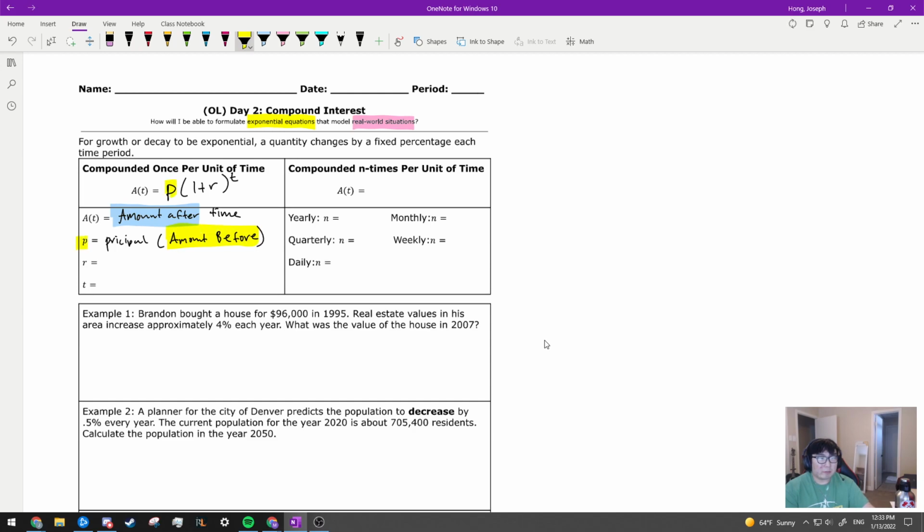That's the P right here. The rate of growth is R, so I'm going to just write rate of growth. And one thing you have to have is that this needs to be in decimal. And T is time periods.